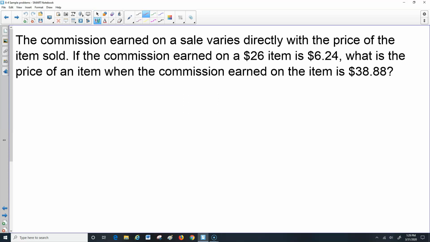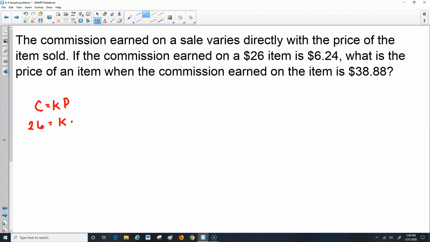So let's use C for commission and P for price. Since they vary directly with each other, we can say that commission is some constant of variation times the price. Now we're told that the commission is $26 when the price is $6.24.